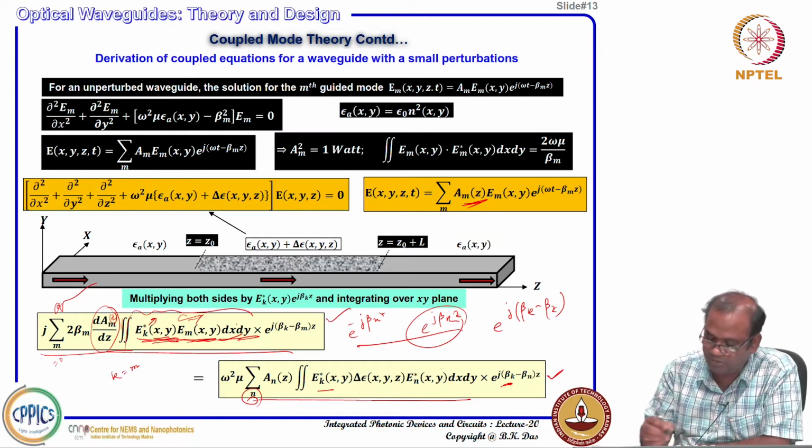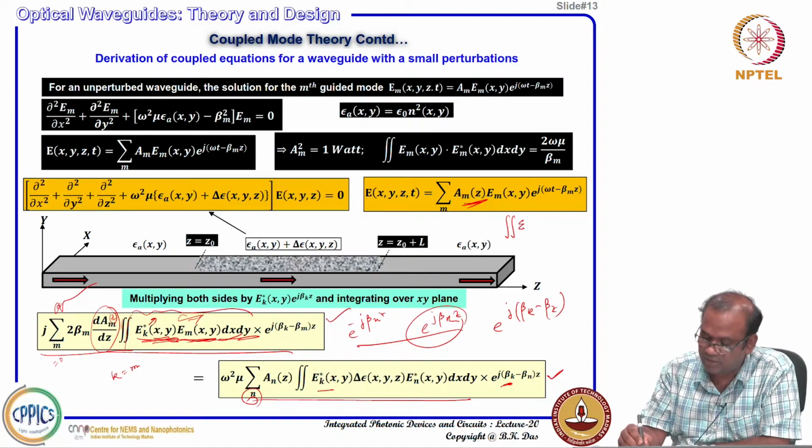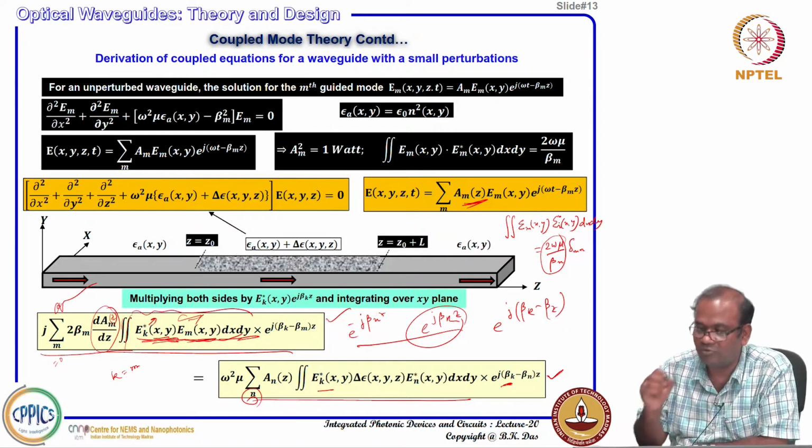Otherwise, because of the orthogonality condition, as we discussed earlier, E m x y E n star x y dx dy should be equal to 2 omega mu by beta m delta m n. So only when m equals n will this value be 2 omega mu by beta. If m is not equal to n, it becomes 0.